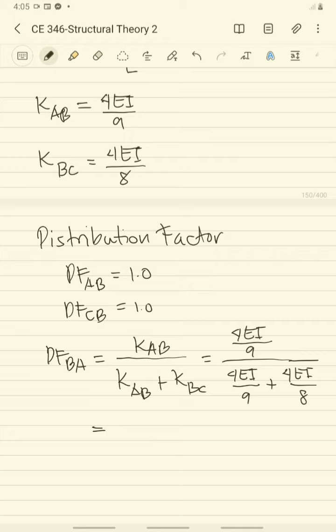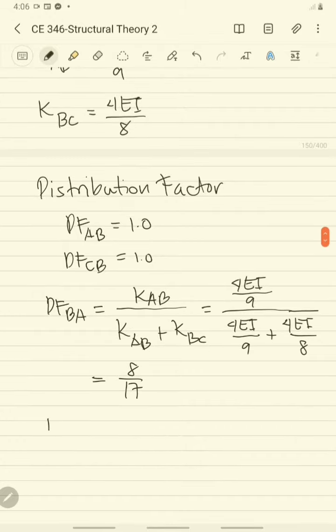That is 8 over 17. Then for the distribution factor for BC, you have KBC divided by KAB plus KBC.